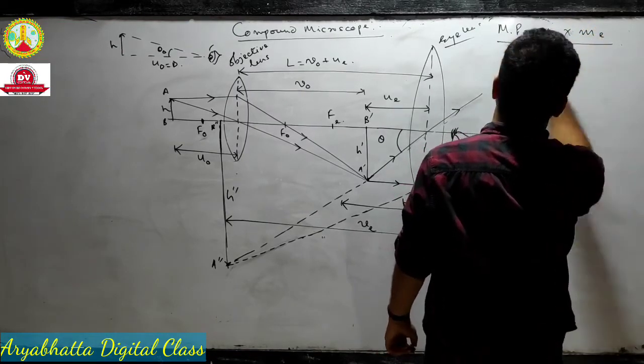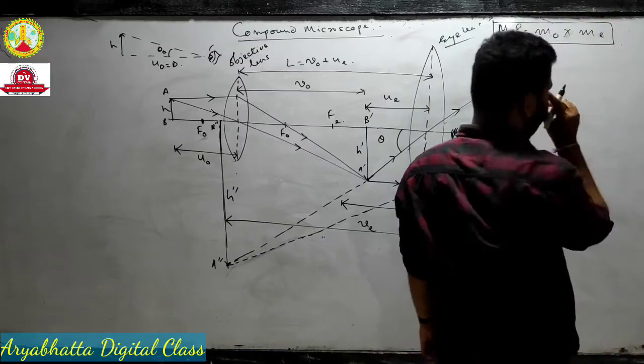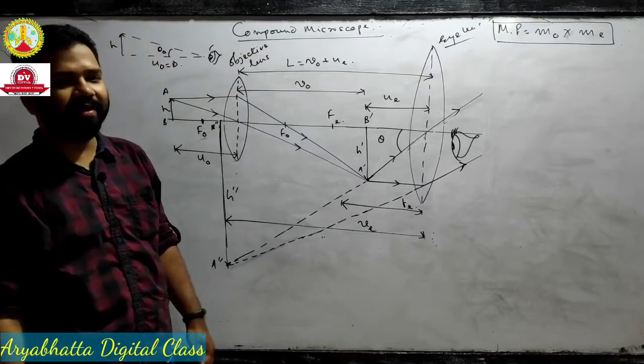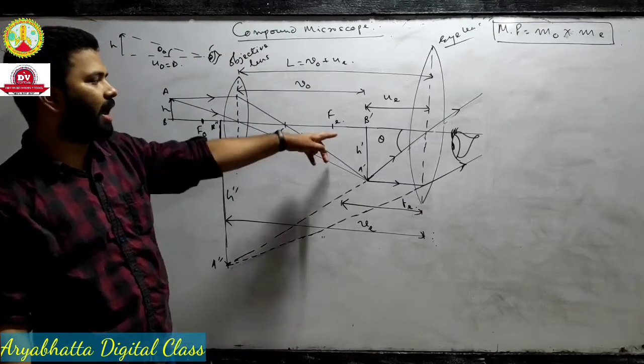MO into ME. Now what is MO? MO means magnification of the objective, and ME is the magnification of the eyepiece.